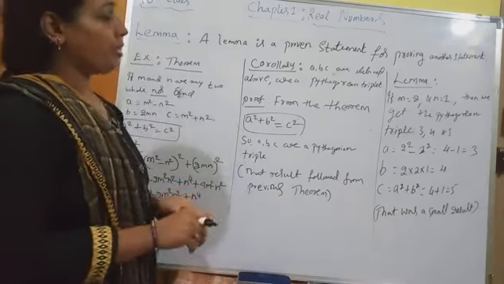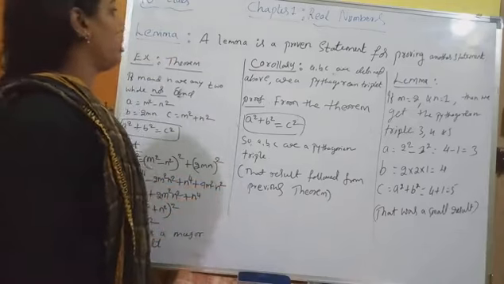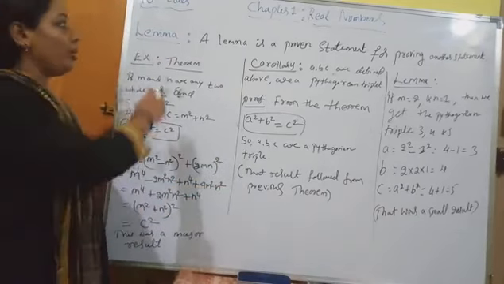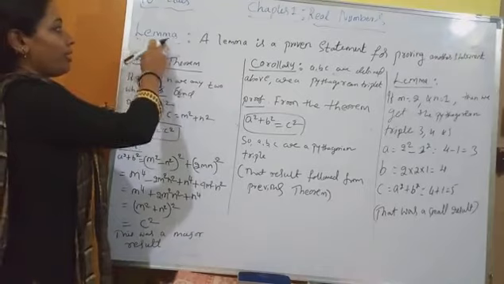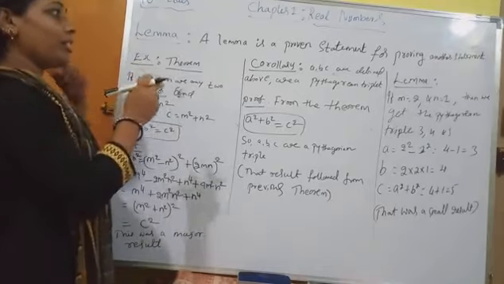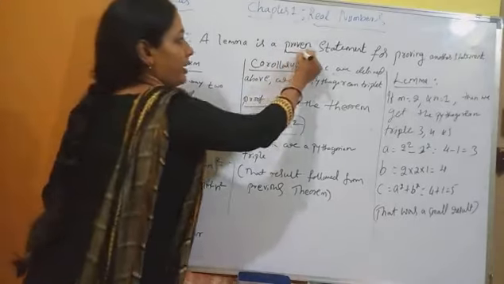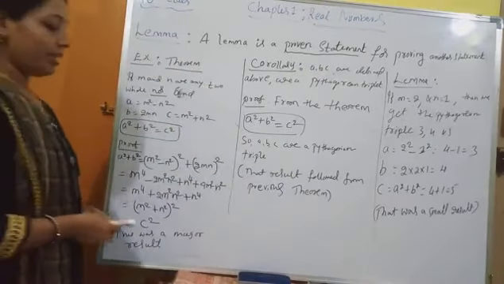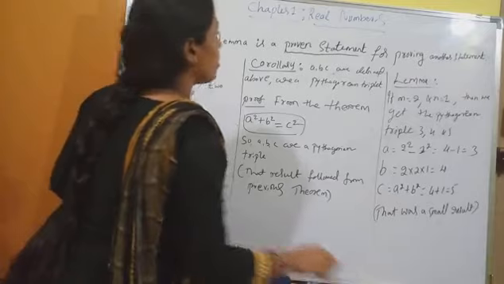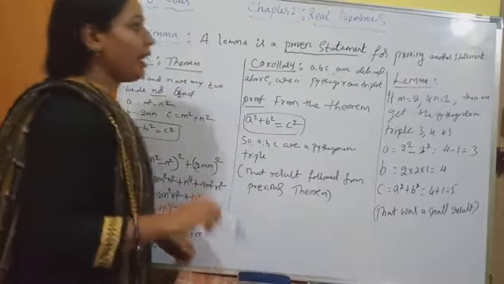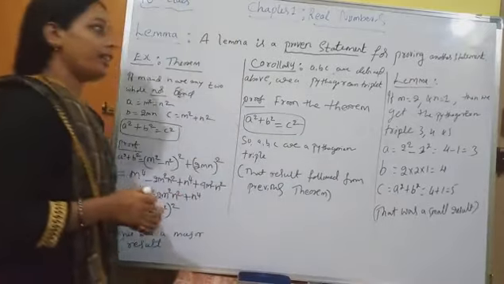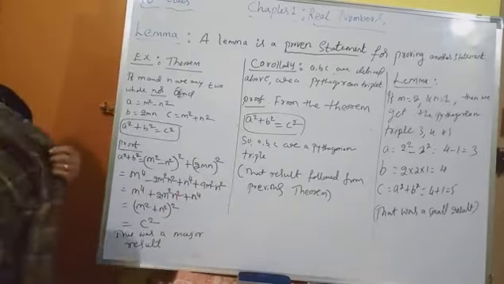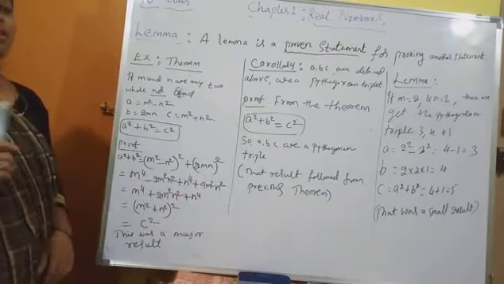Before going to understand the topics of real numbers, we should know some terms and concepts. What is a lemma? A lemma is a proven statement used for proving another statement. Mainly it is used in geometry, especially in theorems.